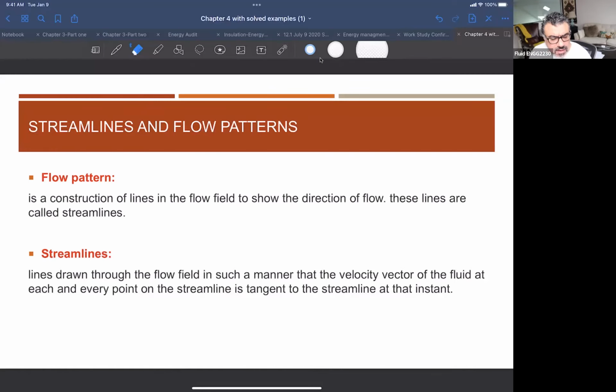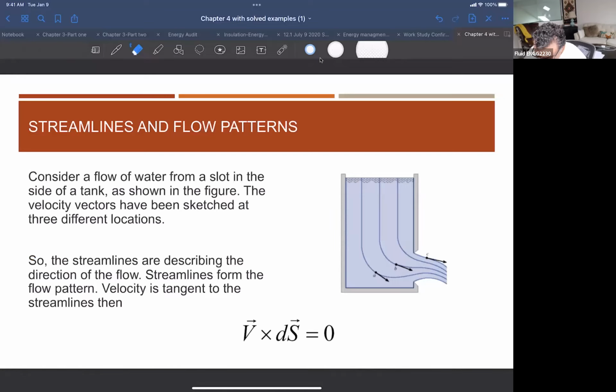So streamlines are lines drawn from the flow field in a manner that the velocity vector at each and every point on the streamline is tangent to the streamline. What does it mean? Imagine you have a tank and the fluid is coming out of this tank. The line you are describing here is such that at any point, the velocity vector is tangent to this line.